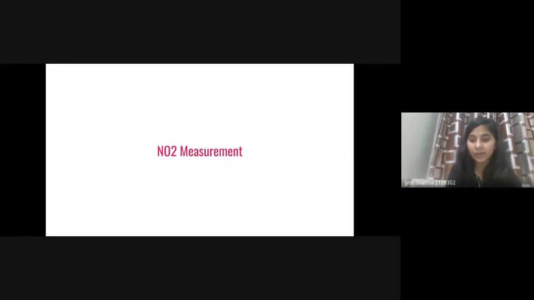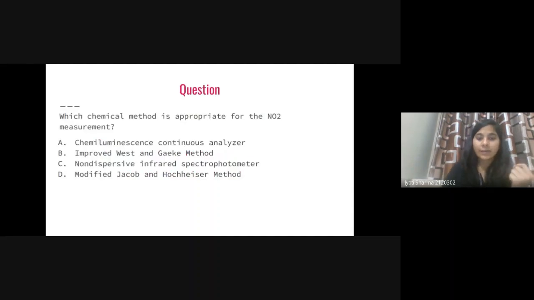Such questions will give you some insight into nitrogen dioxide. So which chemical method is appropriate for nitrogen dioxide measurement? Again I have the same options: chemiluminescence continuous analyzer, the improved West and Gaeke method, non-dispersive infrared spectrophotometer, and the modified Jacob and Hochheiser method.